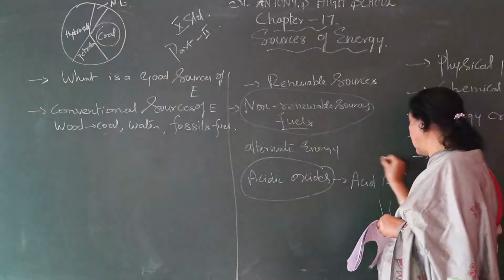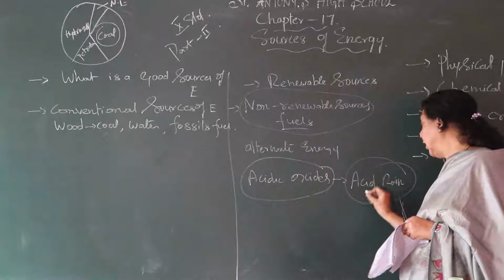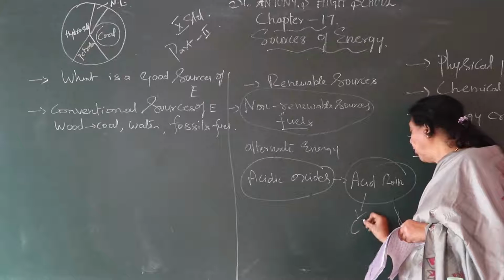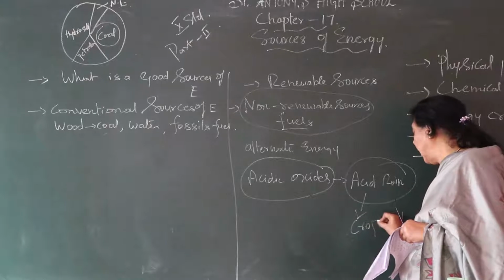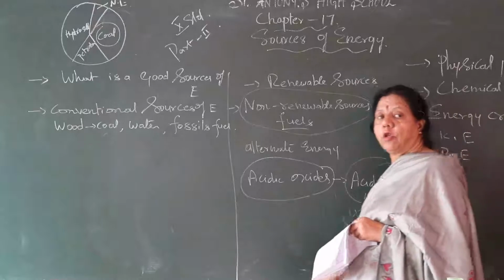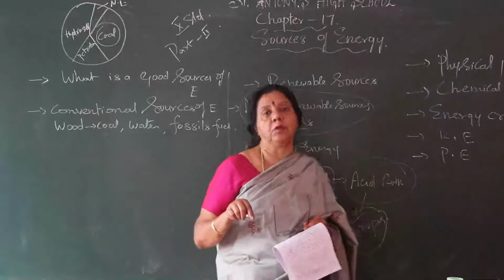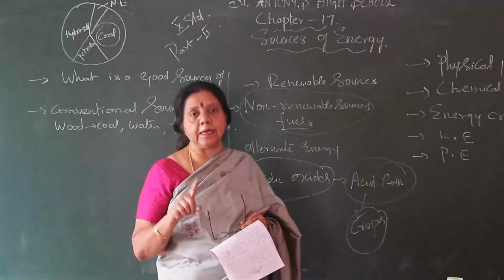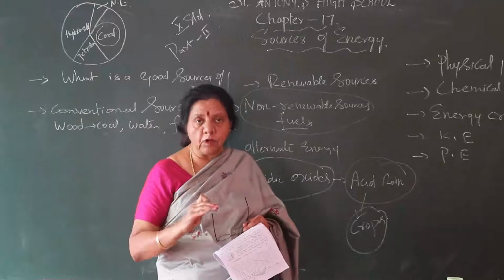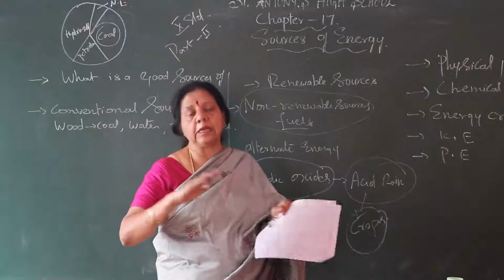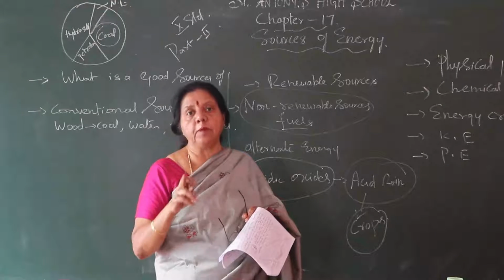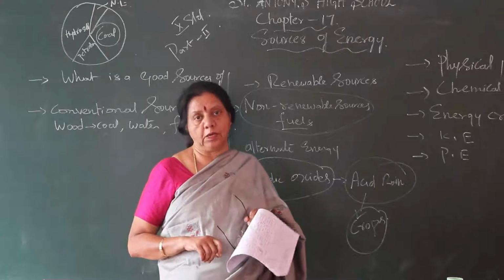It spoils the crops. What does it do? It spoils the crops. Farmers grow so many types of crops, and the fertility of the soil also comes down. So out of the acid rain, the fertility of the soil comes down, crops will be spoiled, and human health will also be spoiled.